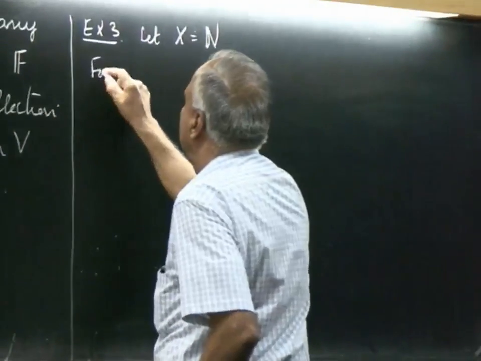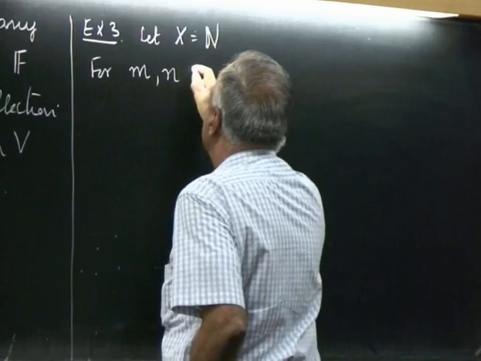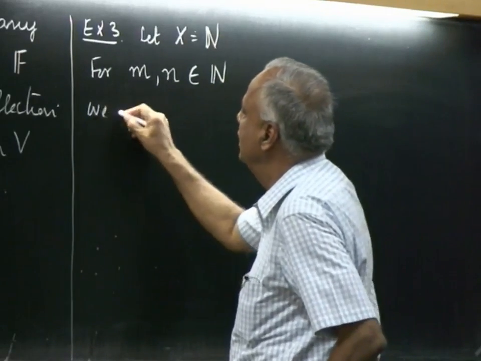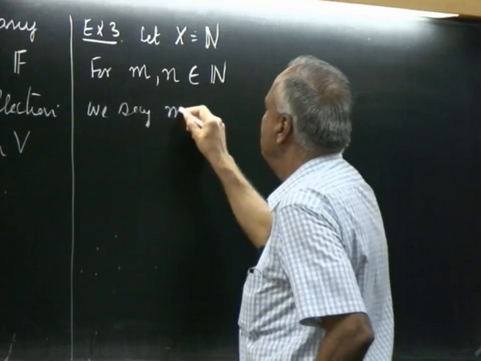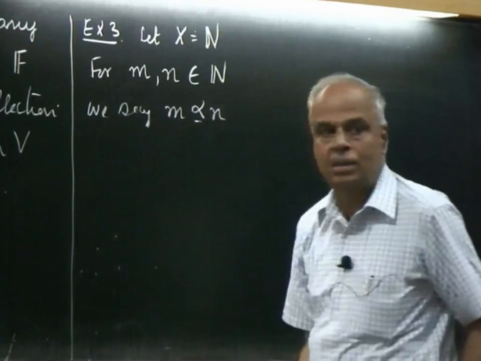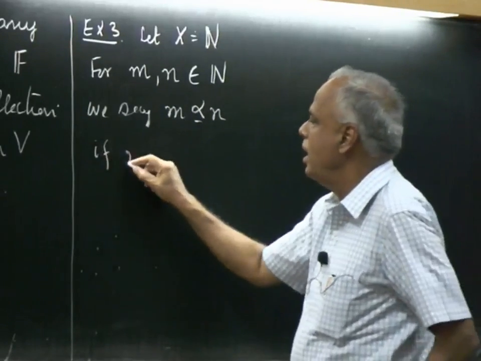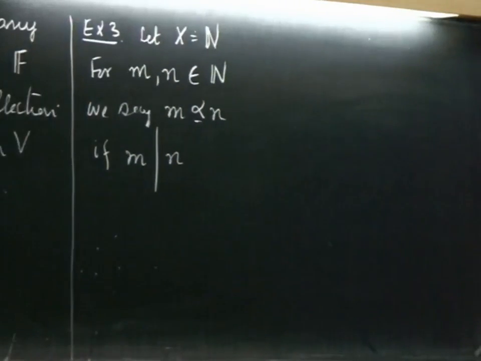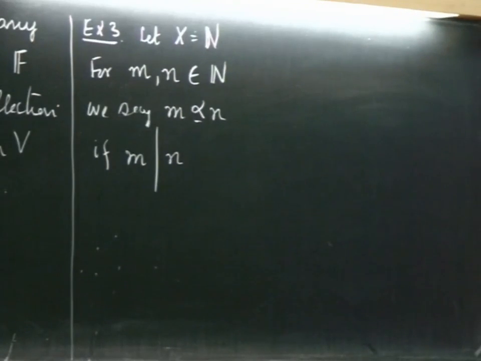For m and n, two positive integers, we say m is related to n if m divides n. That means m is a factor of n, or n is an integral multiple of m.